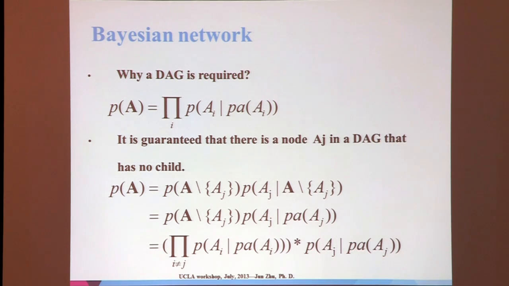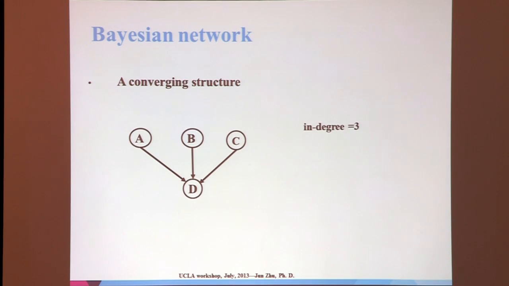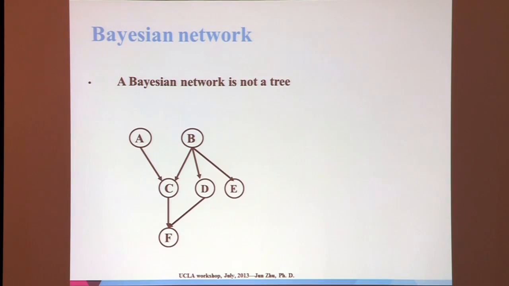June, can you back up to the cartoon and point to what is a child and what is a parent here? So this one is A, this has a link, A links to B, D. Then A is the parent, D is the child. But then, yeah, it's very simple.